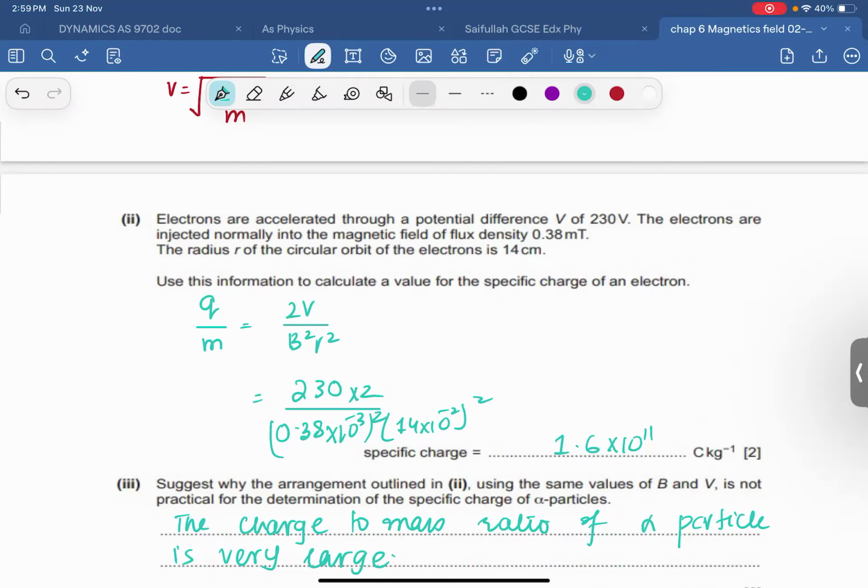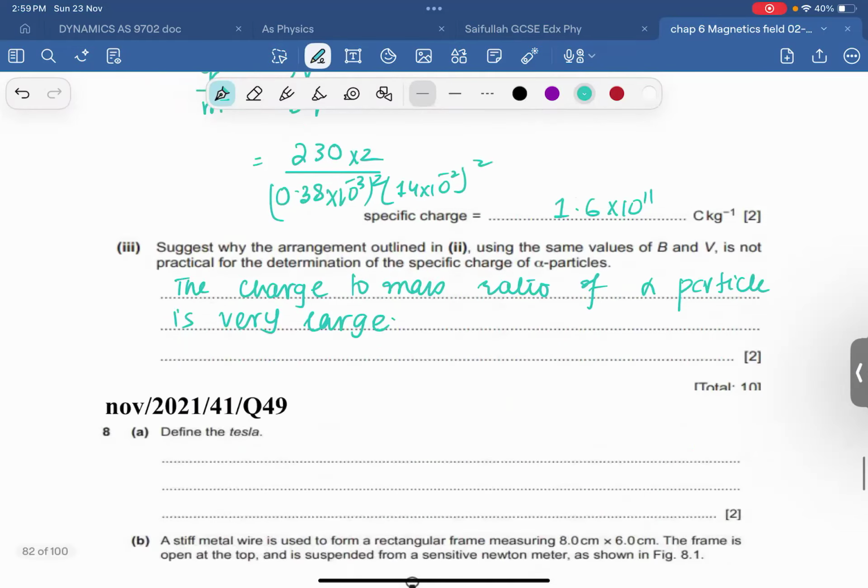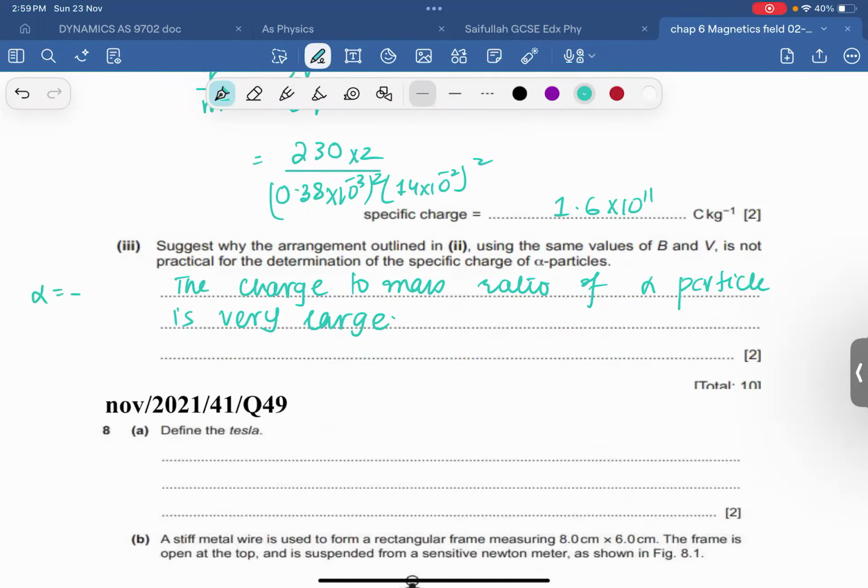Okay, so mass would be higher and higher. For the alpha particle, the charge to mass ratio is 2 into 1.6 exponent negative 19 and 4 into 1.66 exponent negative 27, right?